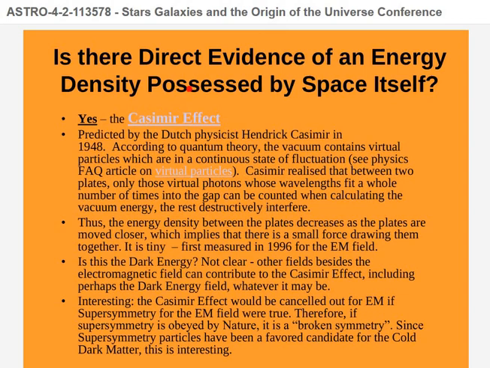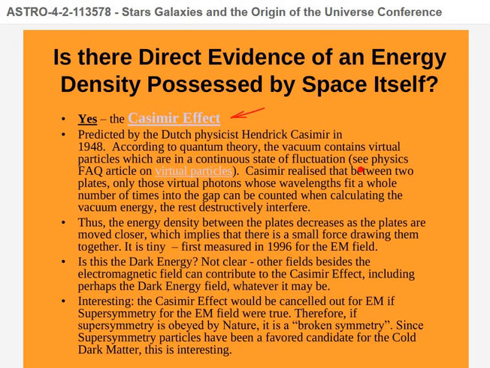So is there any direct evidence for an energy density possessed by space itself? And the Casimir effect is related to that. The Casimir effect was predicted by this Dutch physicist way back in 1948. According to quantum theory, vacuum contains virtual particles which are in a continuous state of fluctuation.